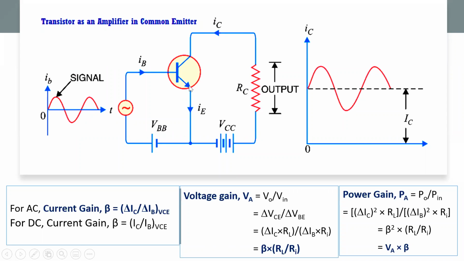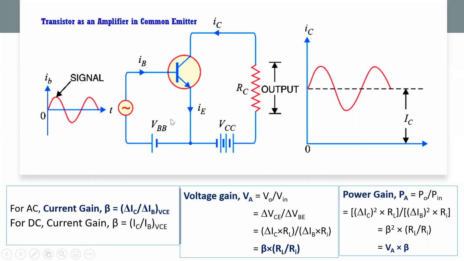And this one is the emitter, which is connected in common to the base and also to the collector. You need to learn this figure. You will have to draw and explain how a common emitter configuration can be used as an amplifier. So here you have the common emitter configuration.